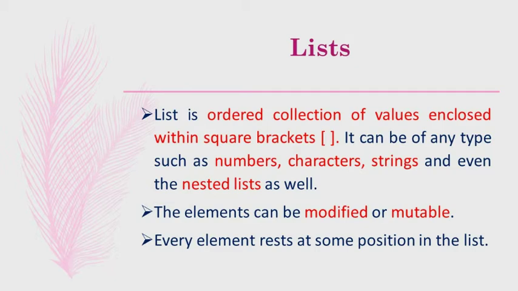Every element rests at some position in the list, which means this list is similar to strings, because all the elements in a list have index positions, index values. The index values always start from 0, and negative index values always start from -1 from the last character. You already learned about index values in the strings and string manipulation chapter.